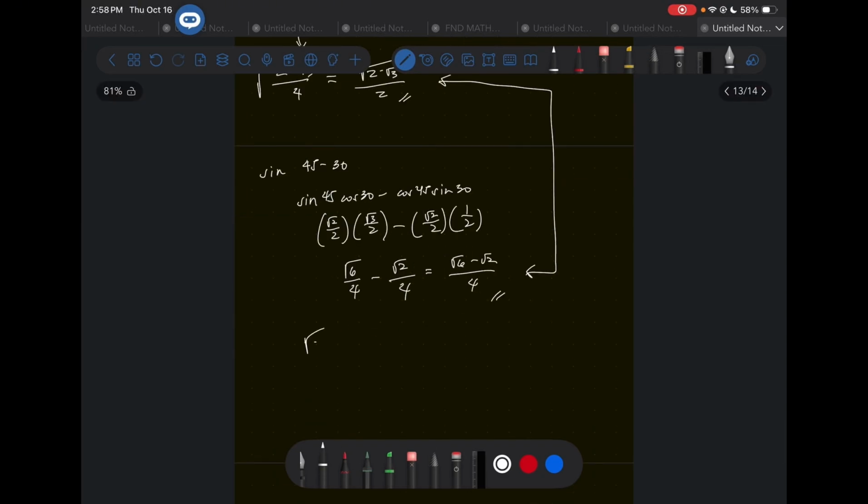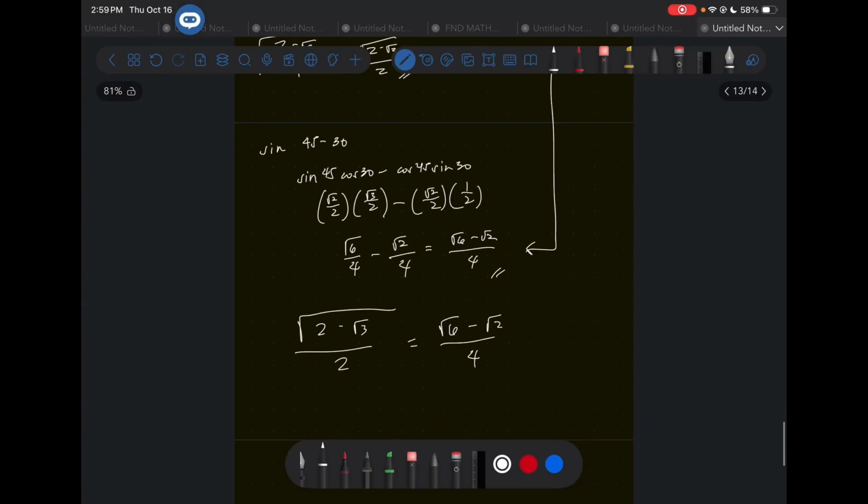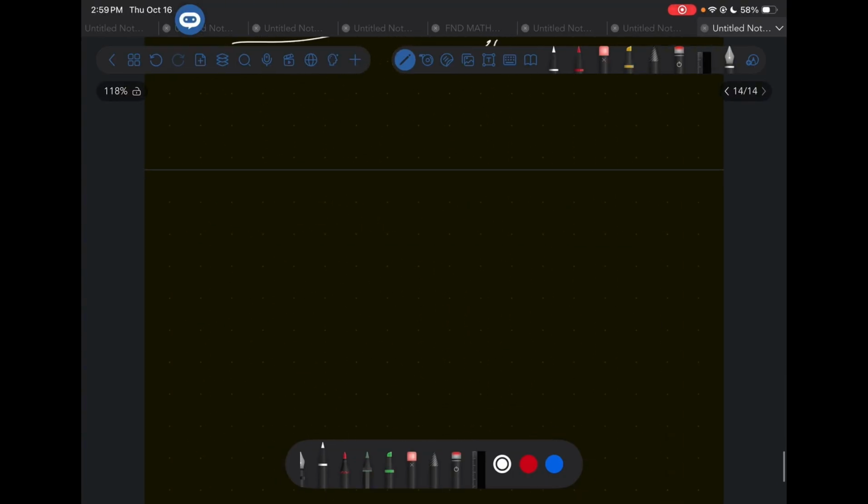So square root of (2 minus square root of 3) over 2 is just equal to (square root of 6 minus square root of 2) over 4. Don't be fooled, they're just the same, because both are equal to sine 15. So let's just prove it. How are they equal?